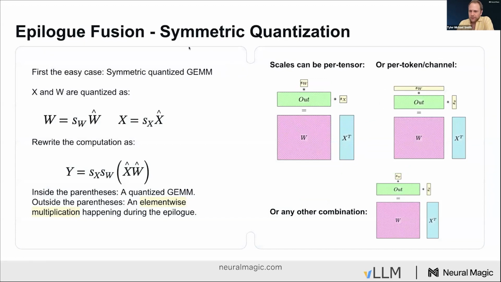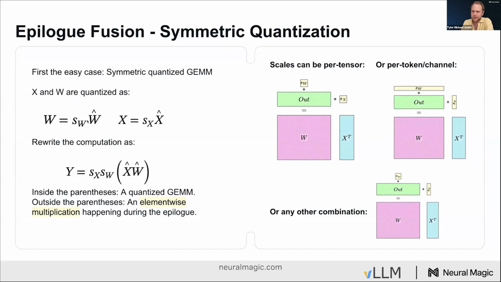Okay, so now let's talk about symmetric quantization and what we do during the epilogues. If we have a symmetric quantized GEMM, we're multiplying x times w. W will be quantized as s sub w times w hat. W hat is the quantized version of w, s sub w is the scale of w. And then similarly for x.